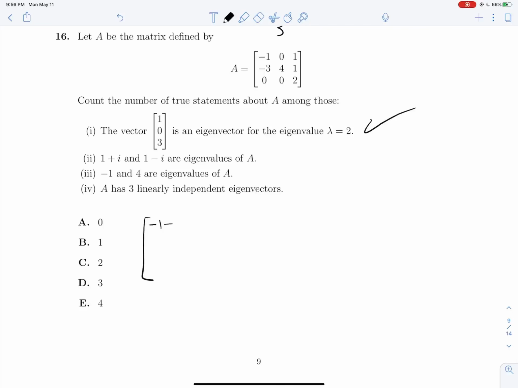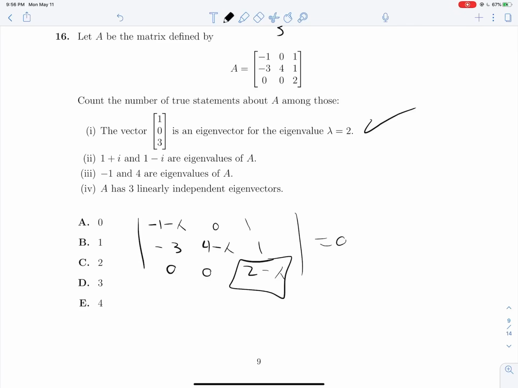So we get negative 1 minus lambda, 0, 1, negative 3, 4 minus lambda, 1, and 0, 0, 2 minus lambda. We're finding the determinant of this and setting it equal to 0. We can rewrite this determinant as 2 minus lambda multiplied by the determinant that we get by crossing out the row and the column that 2 minus lambda is in.